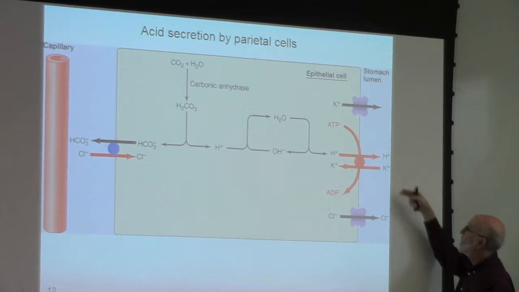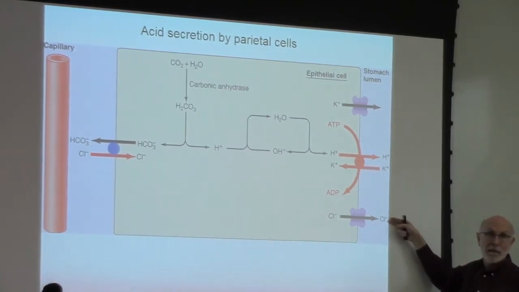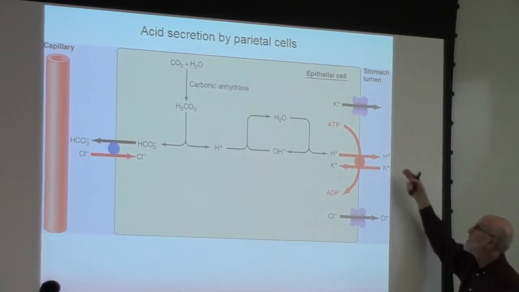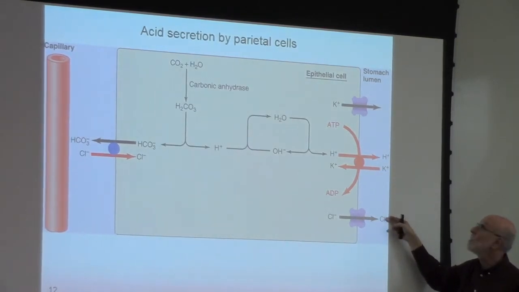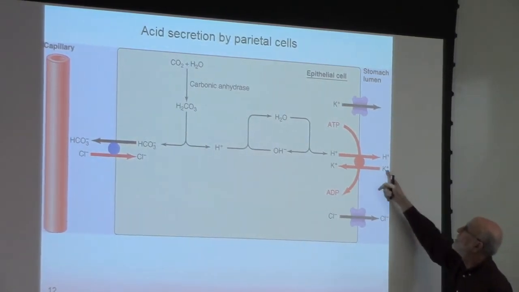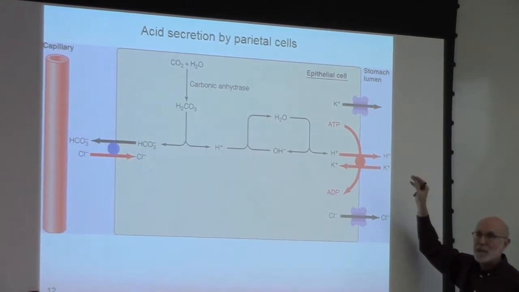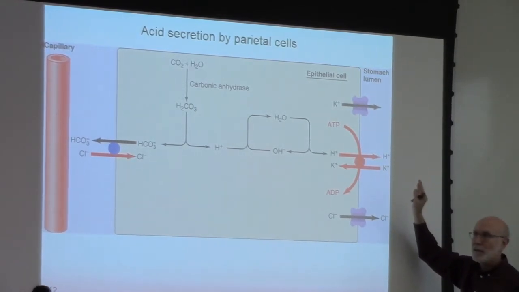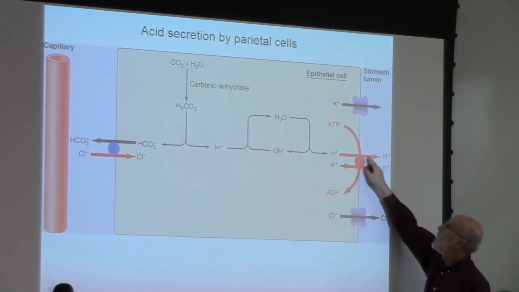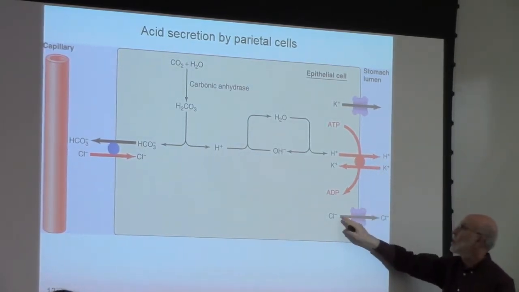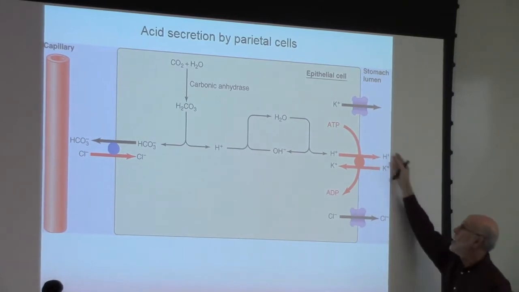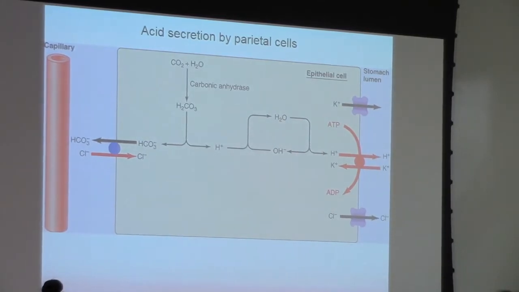So hydrochloric acid is pumped into the stomach. There's the hydrochloric acid being pumped into the stomach. The potassium is sort of going through one of those futile cycles that just happens to be there, but that's not the functional thing to focus on. Protons, primary active transport, chloride, passive transport, hydrochloric acid is pumped into the stomach.